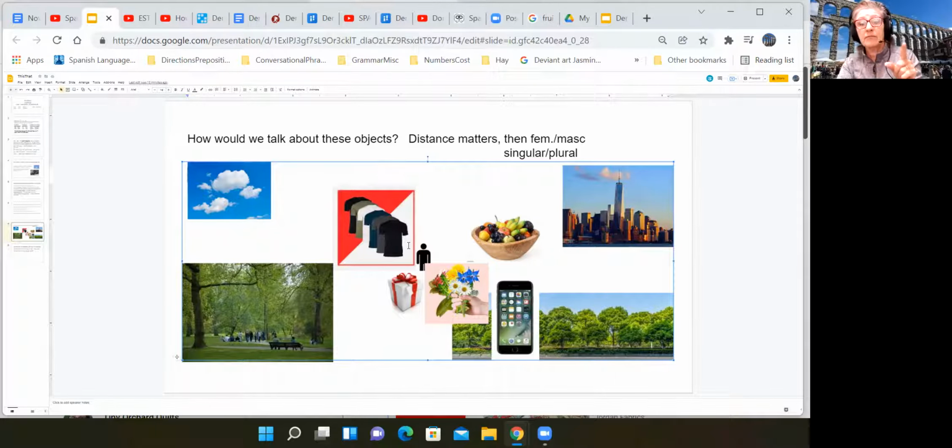It would become, it's all relative, esta. And la blanca, the white one, would become maybe esa camiseta. And maybe that farthest black one on the end would become aquella.